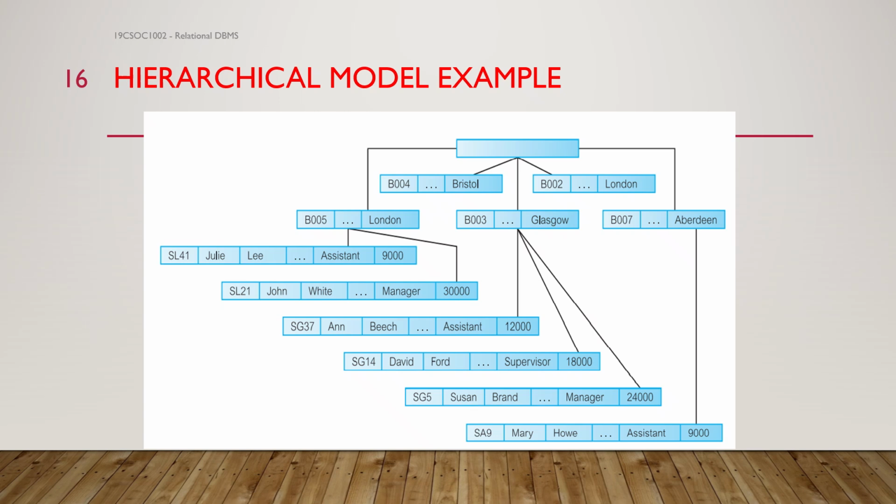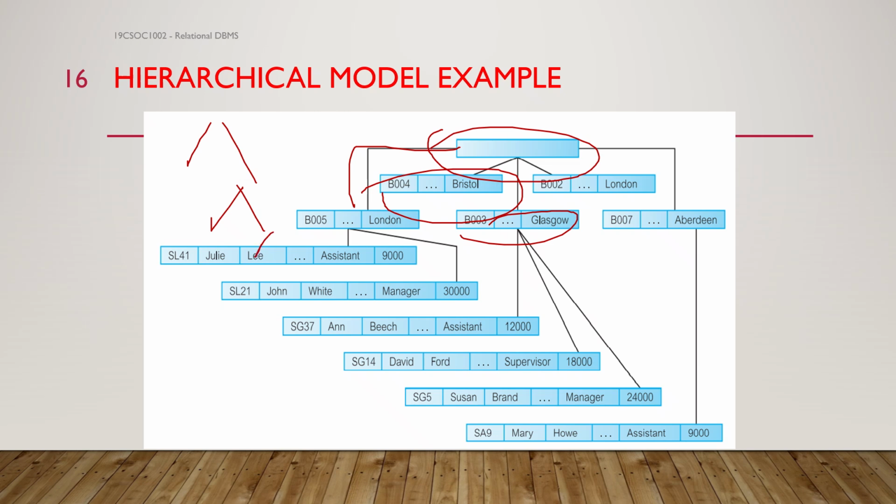This is an example of the hierarchical data model. Here this is called the parent, and these are called the children. These are the links or edges, and these are called the nodes. So it's like a tree structure, and this is what is called the hierarchical model.